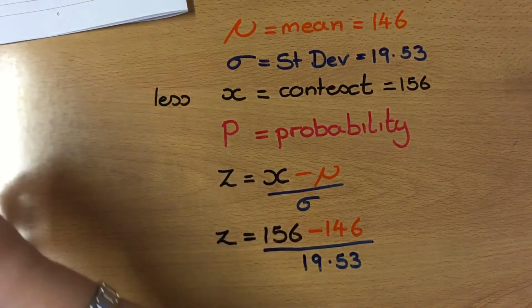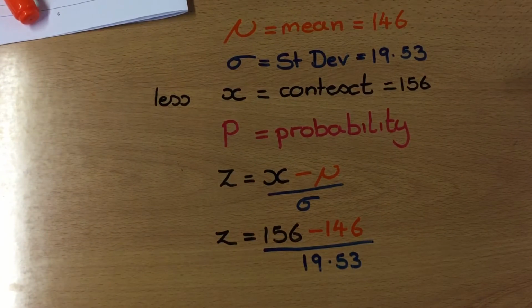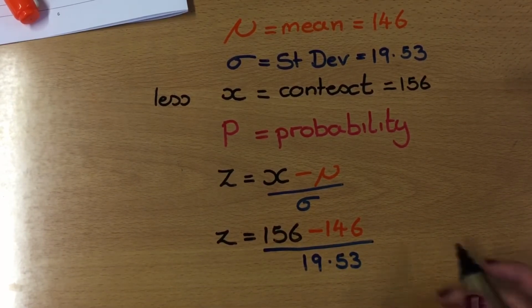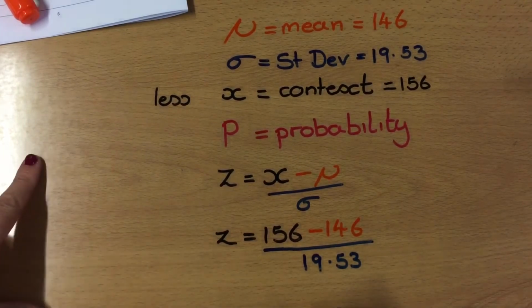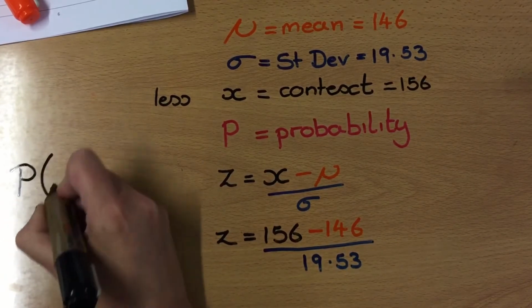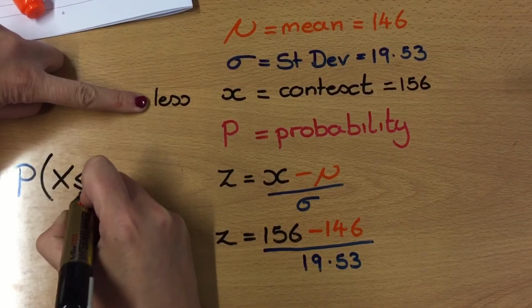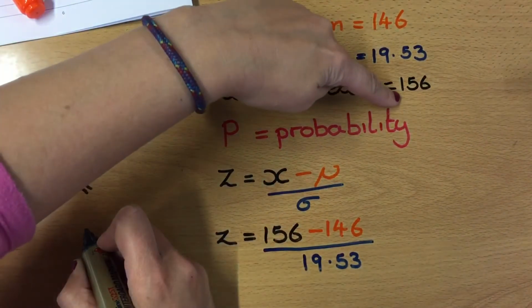And this is a thing that can come from our calculator. So we need to know the probability that big X is less than or equal to little x.